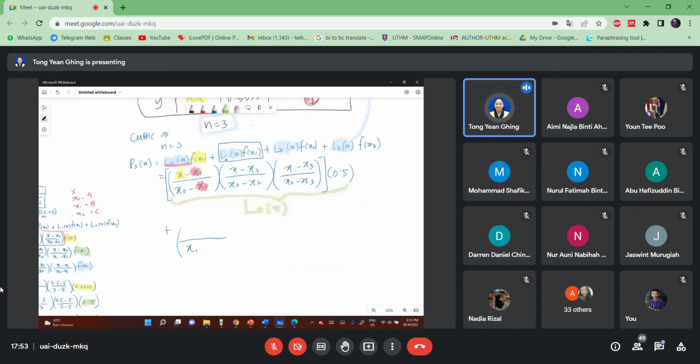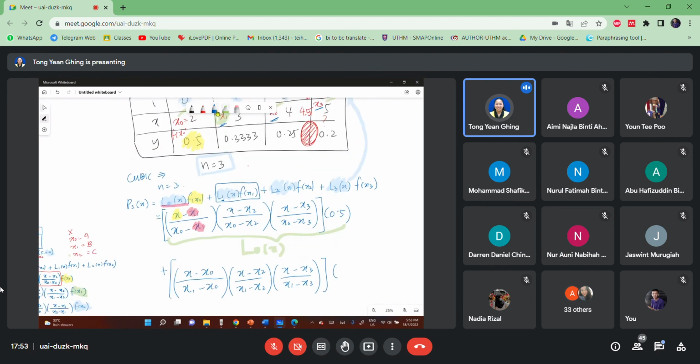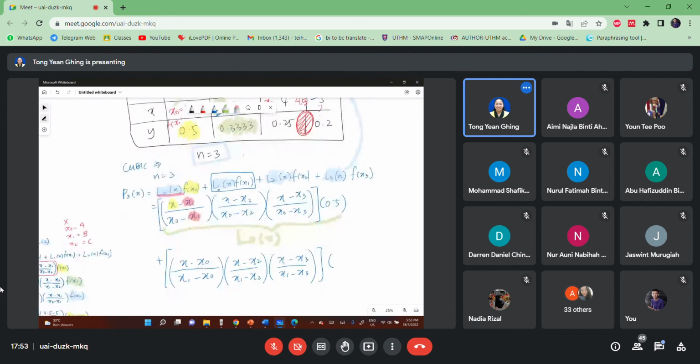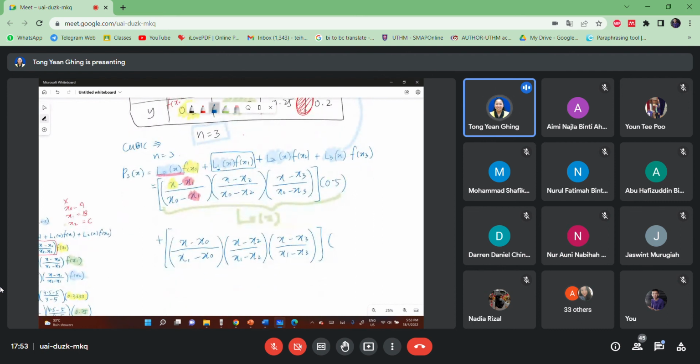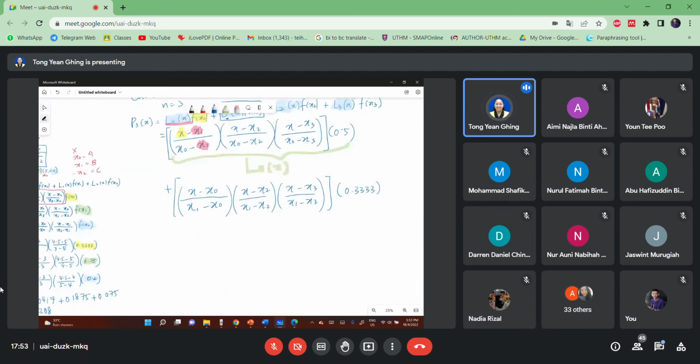So here we start from X1 minus X0, X minus X0, times X1 minus X2, X minus X2, times X1 minus X3, X minus X3. And the whole thing, later on, we have to multiply with the value of f(x1), which is 0.3333. So this is L1(x).